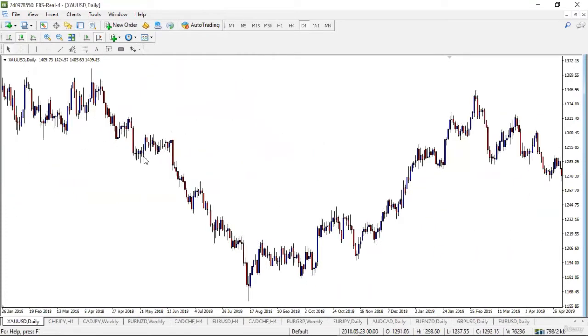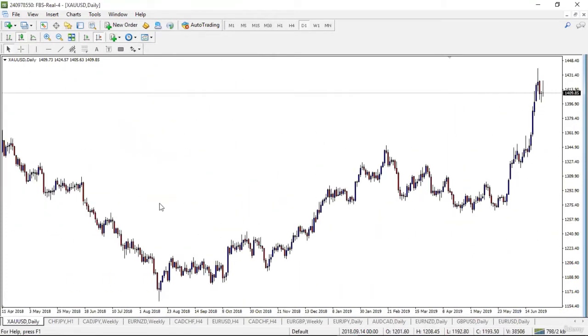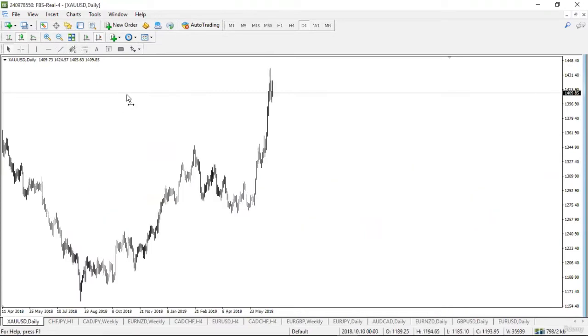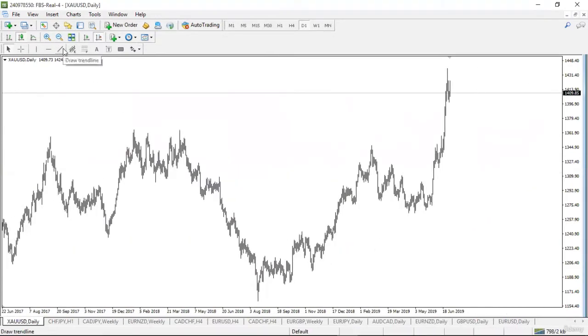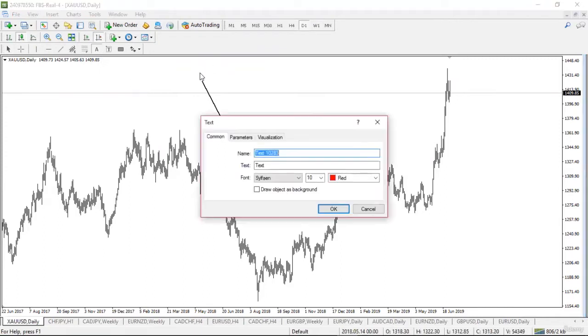A trend is made of two waves, two legs. You have, let's say, this is a downtrend. You will have a leg like this. At the beginning of your trend, you have something like this. There's a leg going down. At the top, you have your swing high, the highest price.